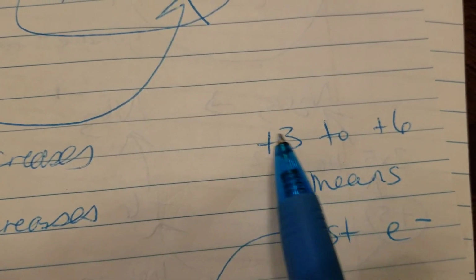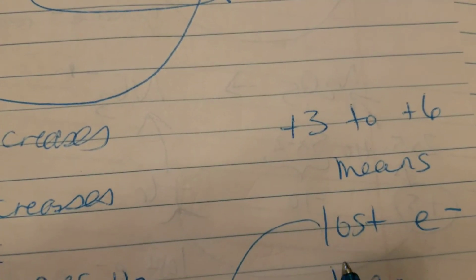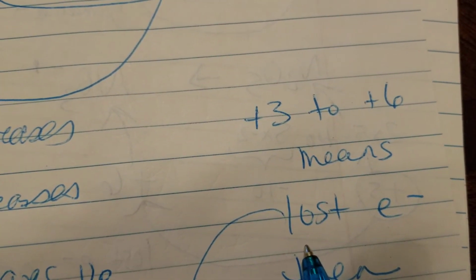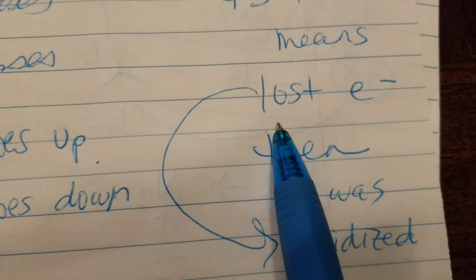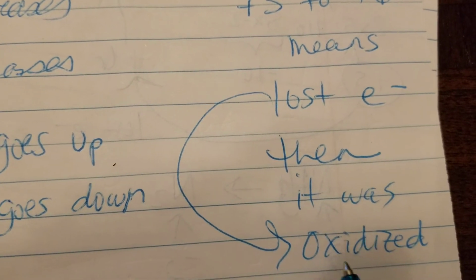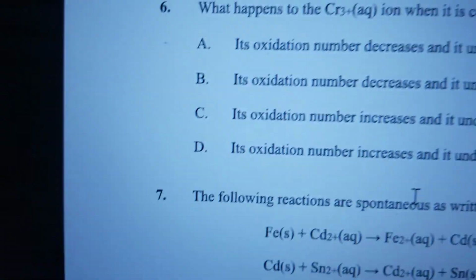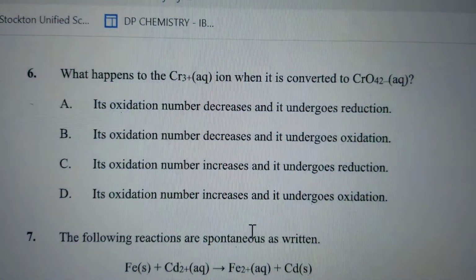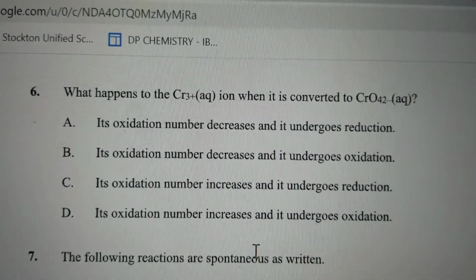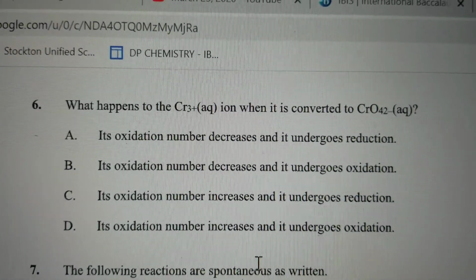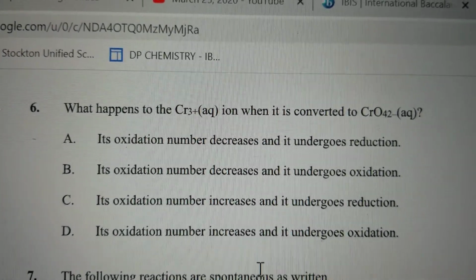In other words, from +3 to +6, it lost 3 electrons. If you look at your notes, losing electrons means oxidation. So the correct answer, if we go back to the question, is letter D. Its oxidation number increases and it undergoes oxidation.